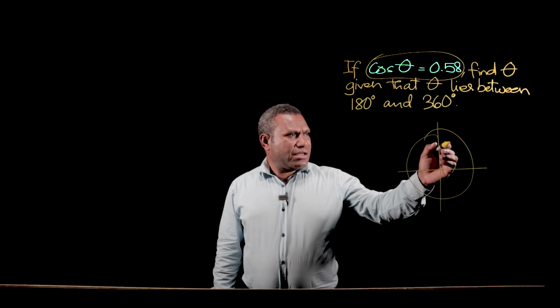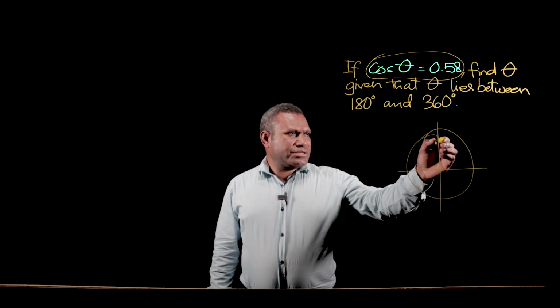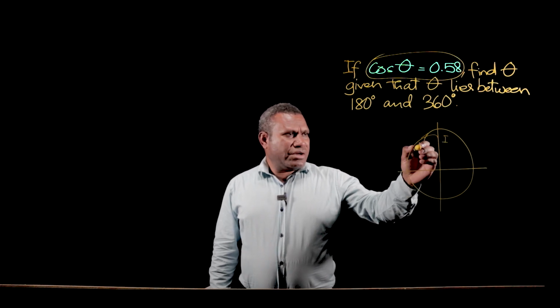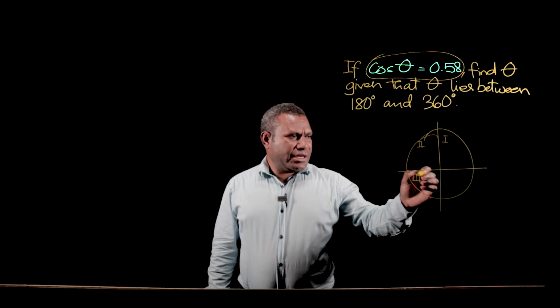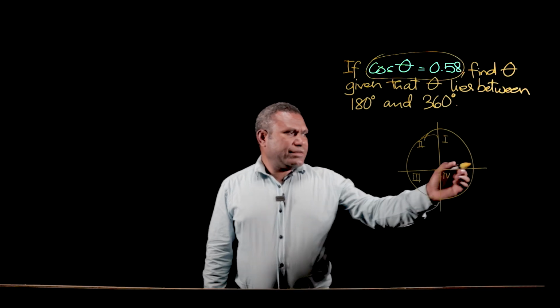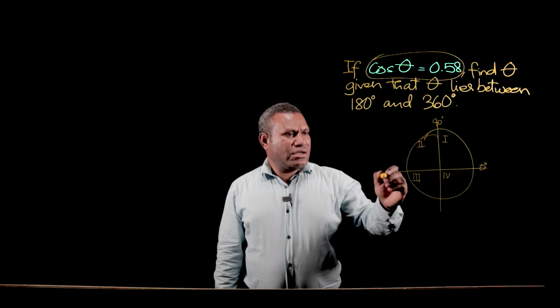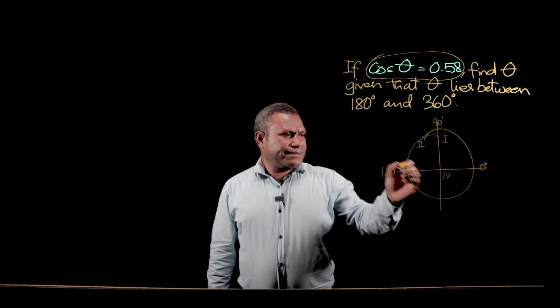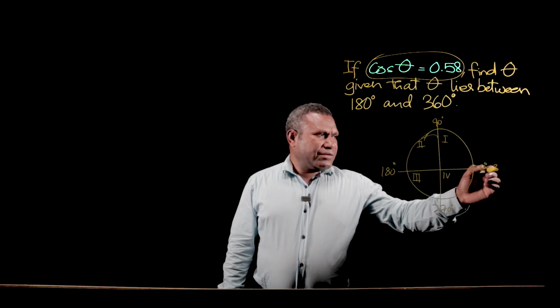the quadrants are labeled in a counterclockwise direction. So this is quadrant 1, quadrant 2, quadrant 3, and quadrant 4. This is 0 degrees, this will be 90 degrees, 180 degrees, 270 degrees, and 360.